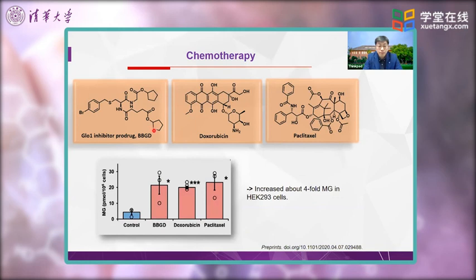Here we can see three proposed chemotherapy drugs, such as BBGD, doxorubicin. Those three drugs can increase MG about 4-fold in HEK293 cells. And in this preprint paper, it was proposed that those three drugs may help alleviate the symptoms of COVID-19.